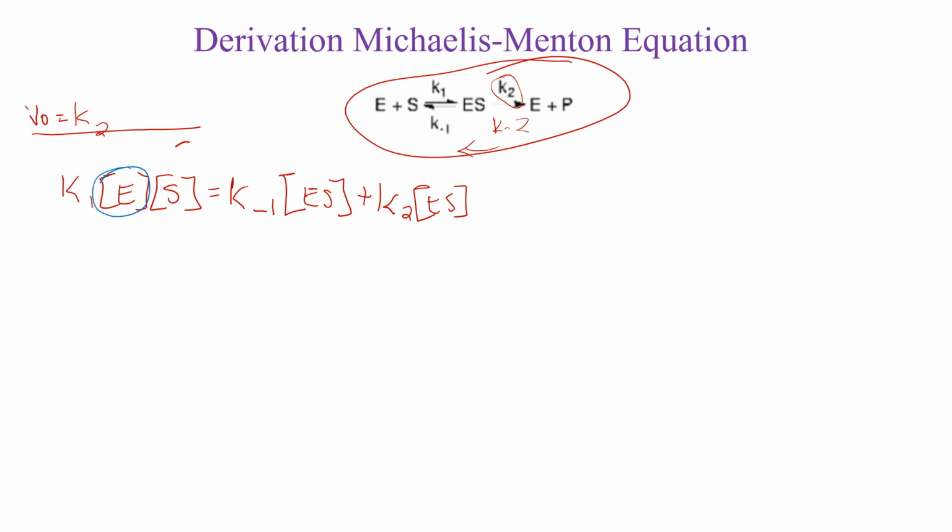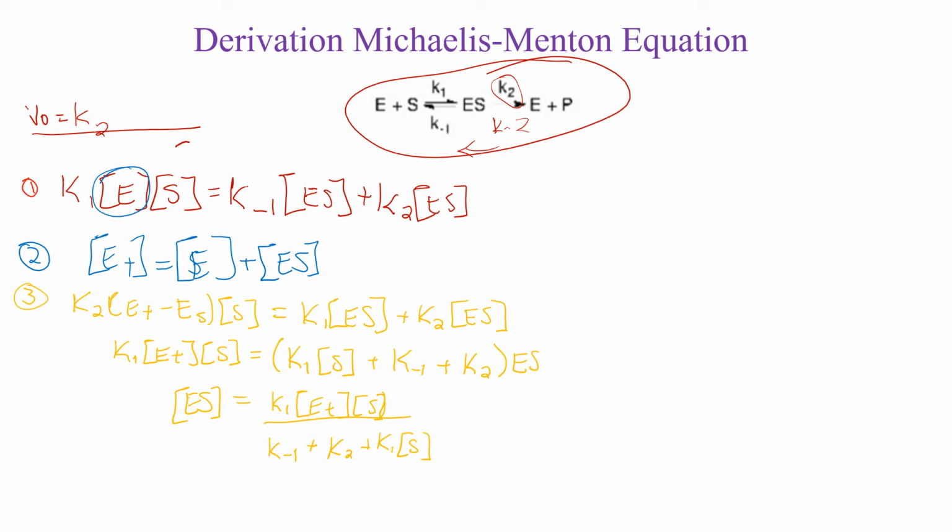That is written here in equation form as the total enzyme is equal to the enzyme plus the enzyme substrate complex. So we have step 1 here, kind of step 2. I'm trying to write nicely, sorry.